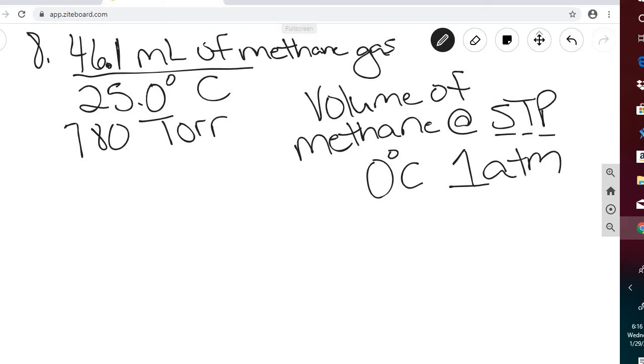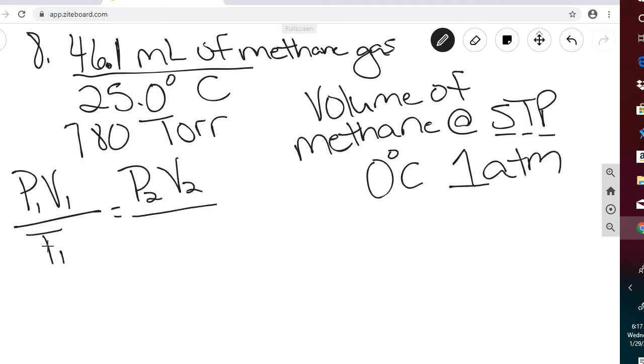Okay, so this is just a combined gas law. P1 V1 over T1 equals P2 V2 over T2. Okay, so the volume can stay in milliliters for this, but the temperatures have to be converted to Kelvin.